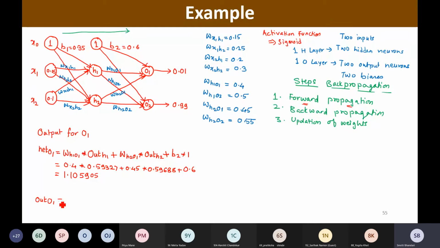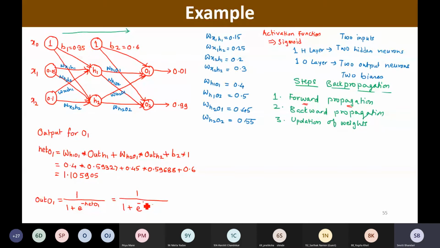And how are we going to compute now this output of O1? Here we have the activation function, that is the sigmoid function. So 1 divided by 1 plus e to the power of minus net O1. So 1 divided by 1 plus e to the power of minus 1.105905.